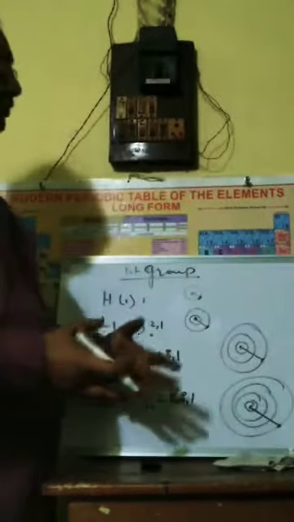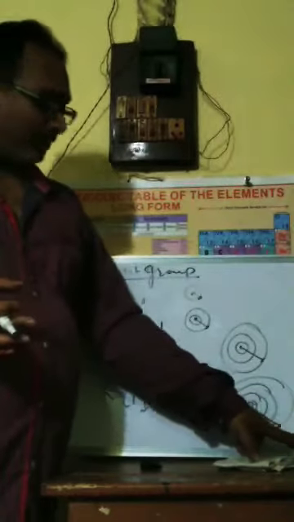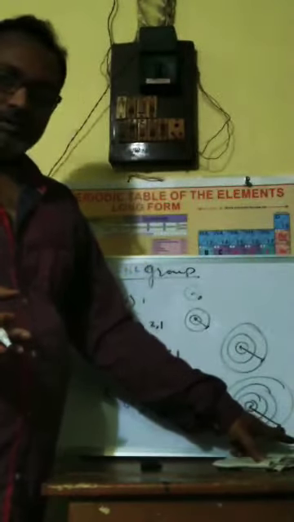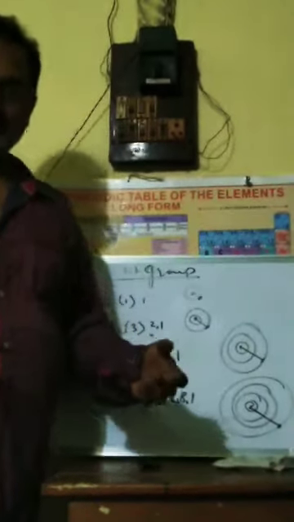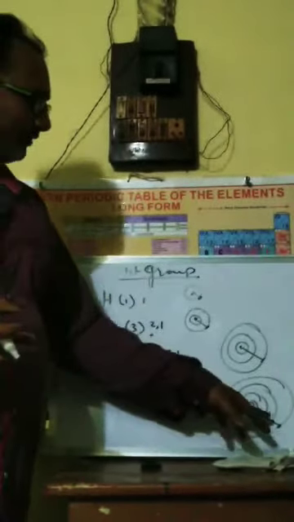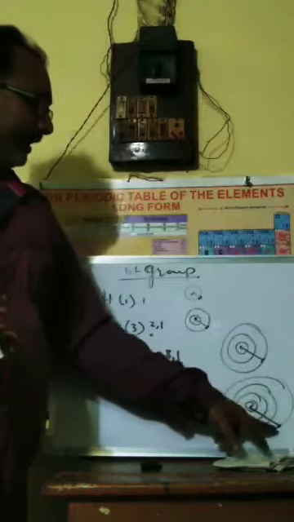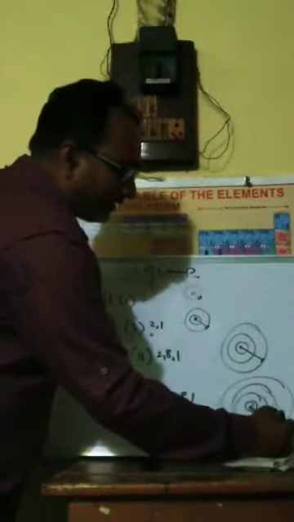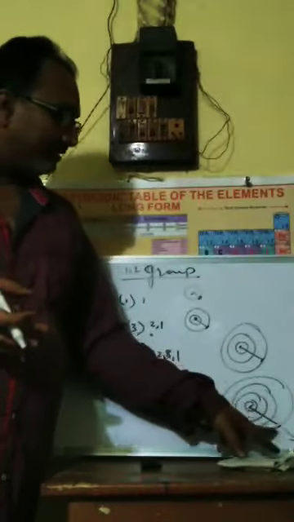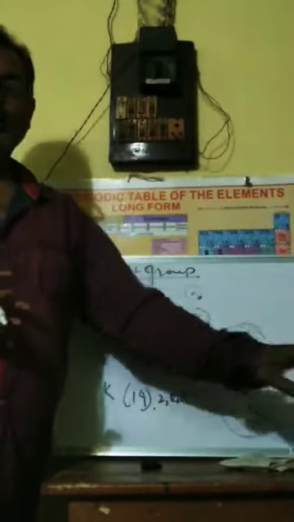So as we move down the group, the force of attraction on the outermost electron will decrease. When the force of attraction decreases, they can easily lose this outermost electron.